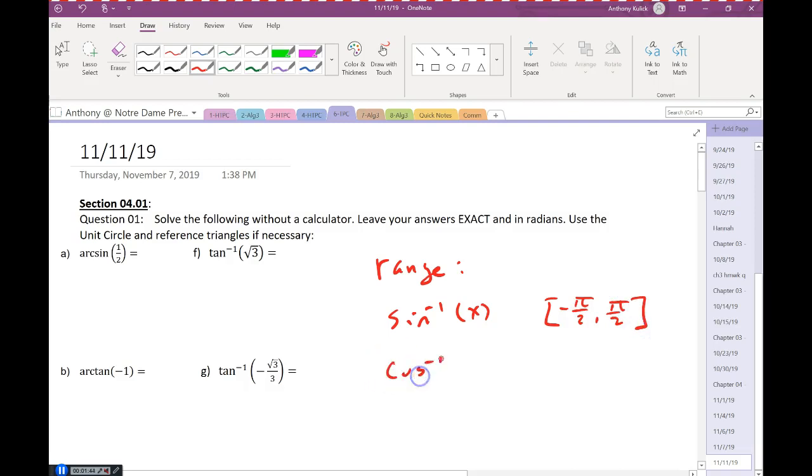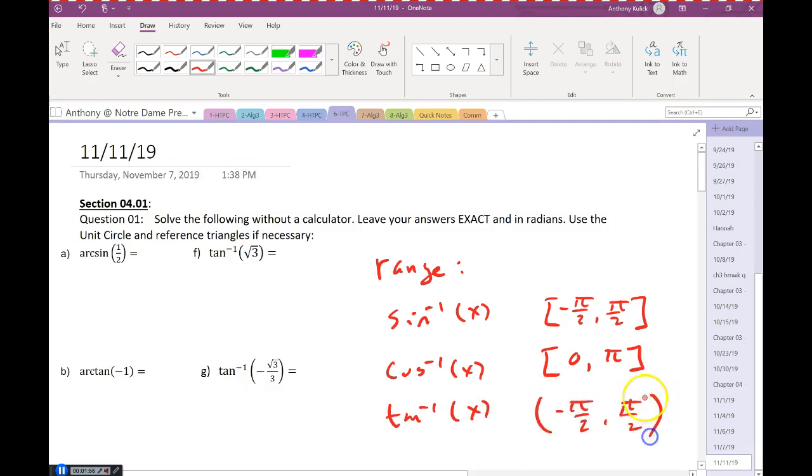For cosine inverse, the range is 0 to pi. And for tan inverse, the range is negative pi over 2 to positive pi over 2, but not including those end values.